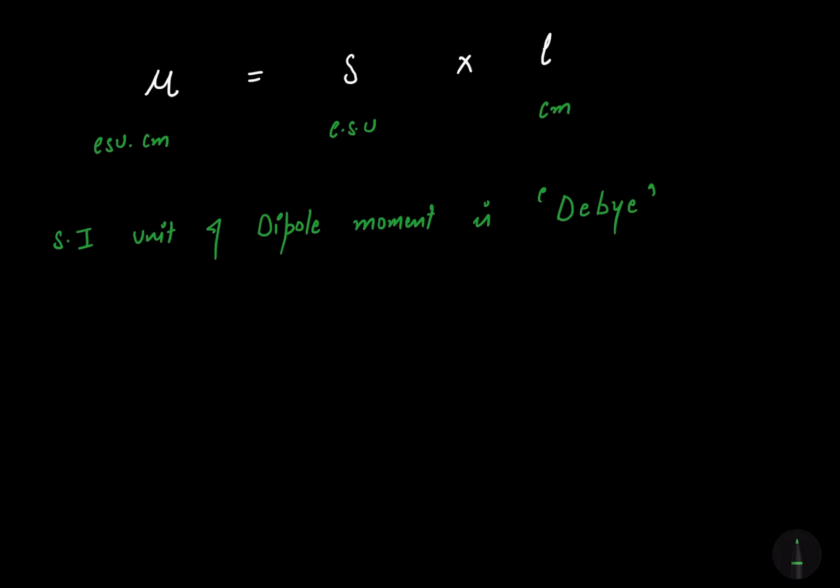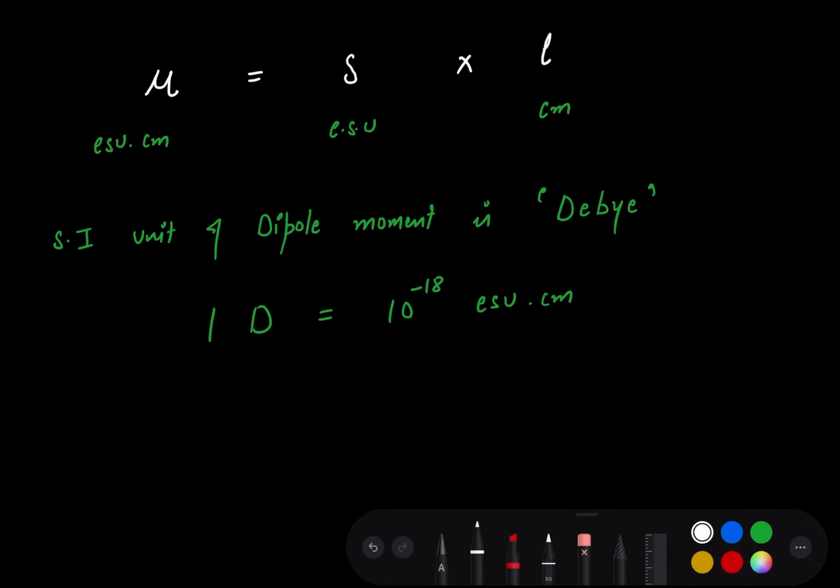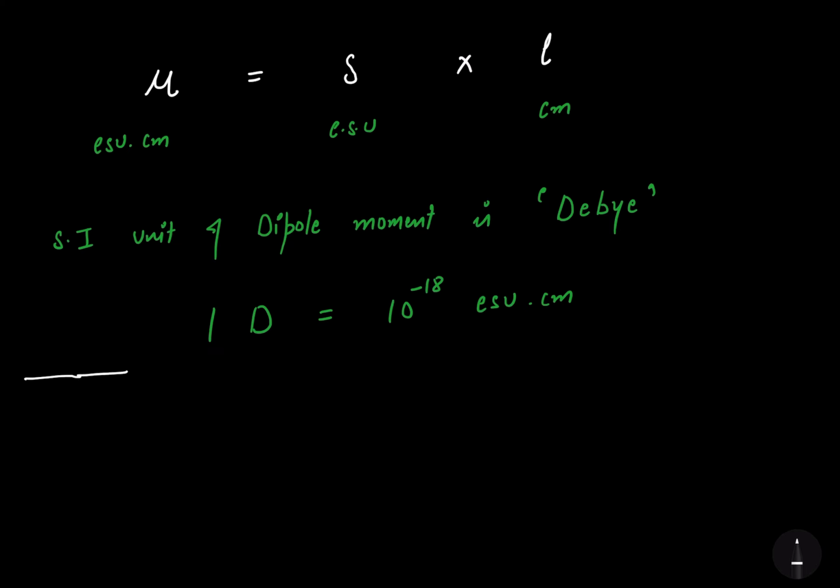Now, there's a conversion factor of Debye and the electrostatic unit centimeter, and that's 1 Debye will be equal to 10 raised to the power minus 18 electrostatic unit centimeters. So that's all about the dipole moment.